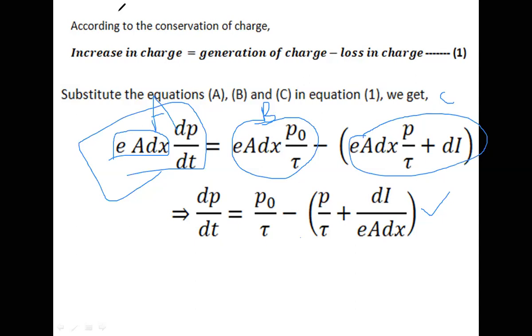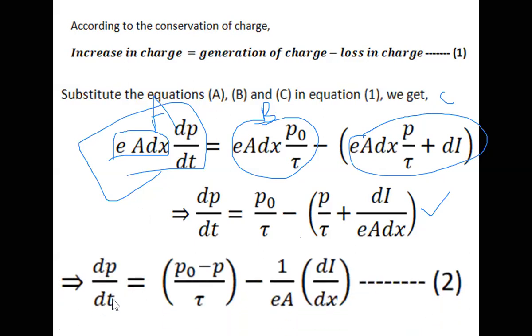We can also rewrite this as follows: dP by dt is equal to P0 minus P by tau minus 1 by EA into dI by dx. That means I have taken dI by dx as a single term.